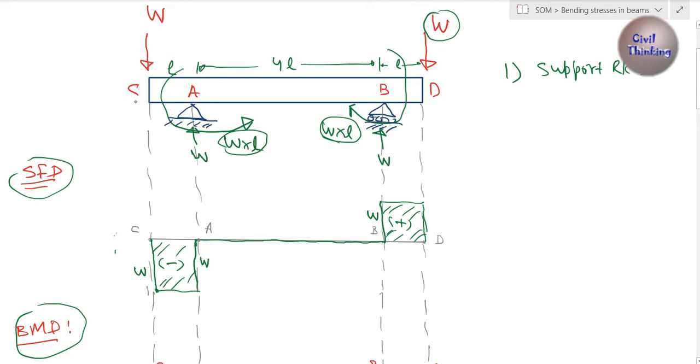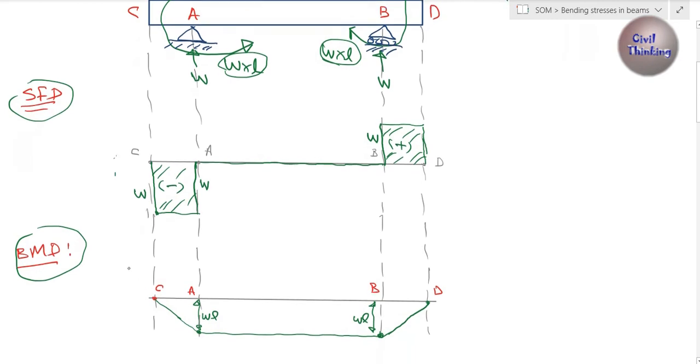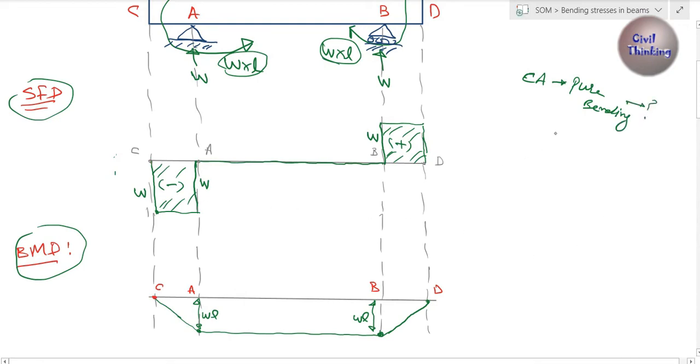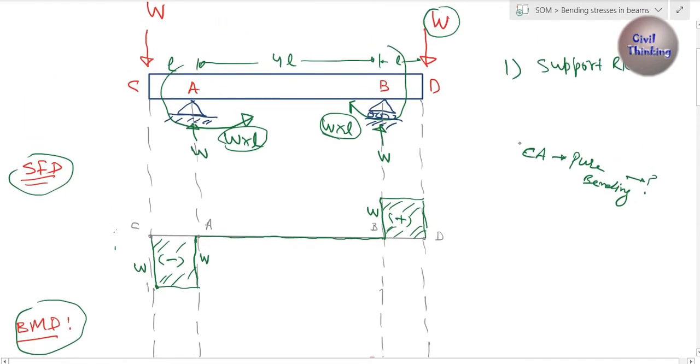Now if you look at CA, there is shear force, right, and there is also bending moment. Is CA pure bending? Is it a pure bending section? No. Why? Because pure bending means what?